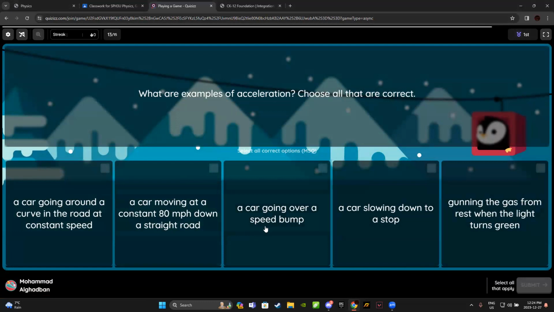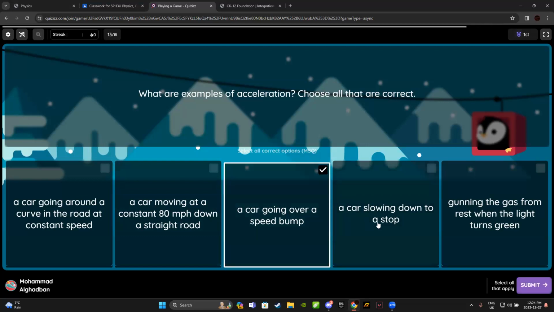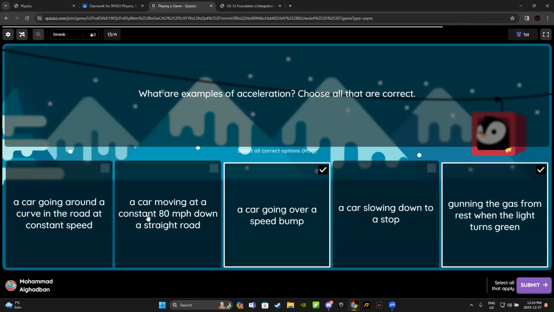And it's not only one answer, so it could be several. So constant, does it mean slower or faster? It says at constant speed.